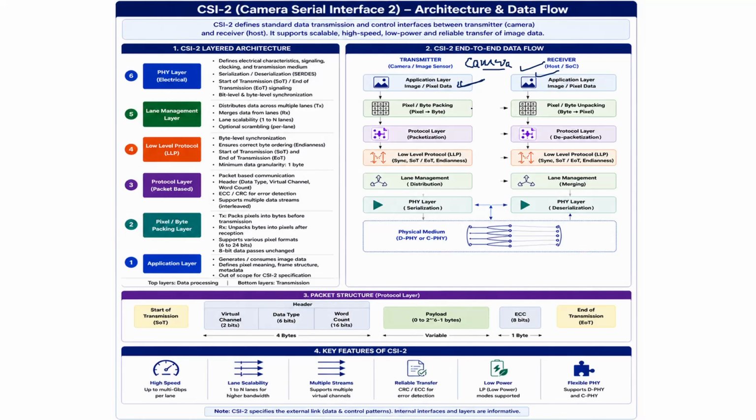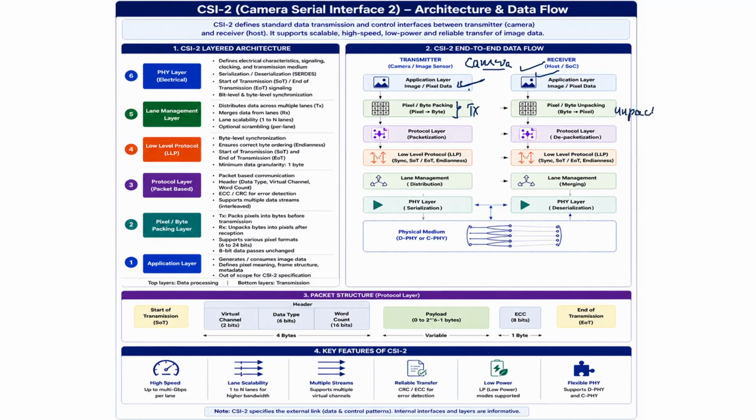Here a pixel is the smallest part of an image. That smallest part of an image needs to be converted from pixel to byte format, which is done by pixel to byte packing or pixel to byte unpacking. On the transmitter side we are packing, and on the receiver side we are unpacking.